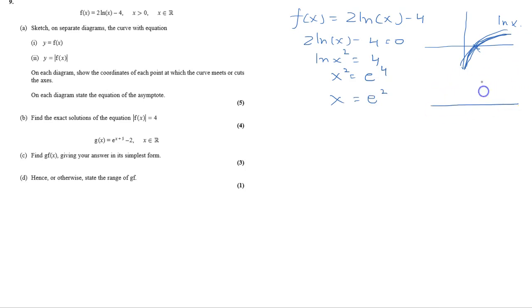So the graph will be like this, this is e square and 0. This is question number A, first part.